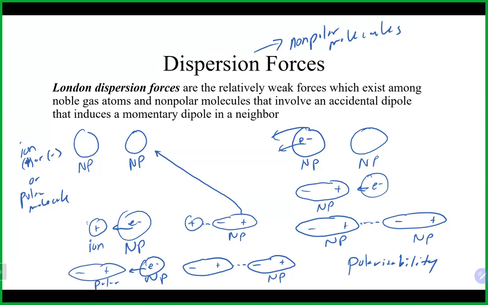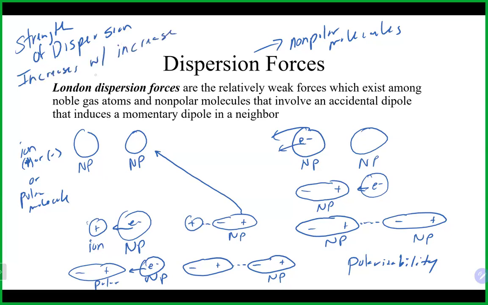Now, the strength of dispersion forces, if you're looking at, say, two things that use dispersion forces as their main intermolecular forces, increases with increased molar mass. The reason for that is if you increase molar mass, that probably means that you have more atoms.